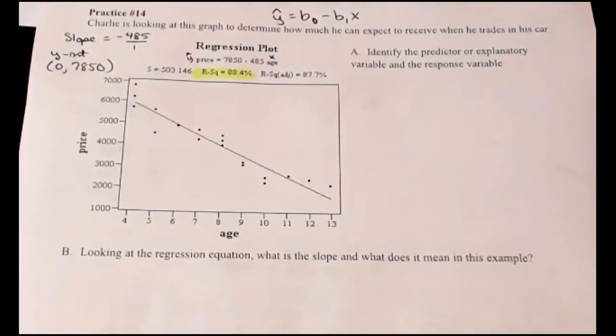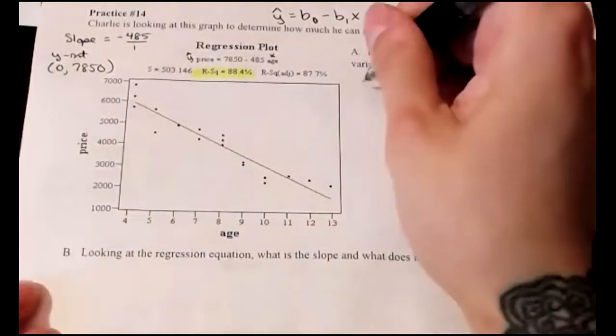We're going to identify the predictor or explanatory variable and the response variable. All right, I'm going to call on you randomly to see how you're doing with this. Jenny, what is our predictor variable in this case? Would it be the age? Absolutely, which means our response variable is price. Exactly.